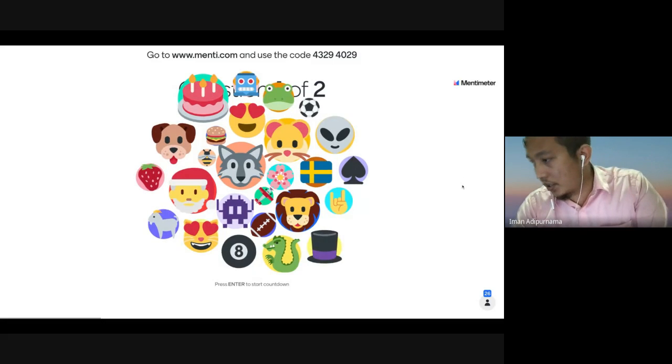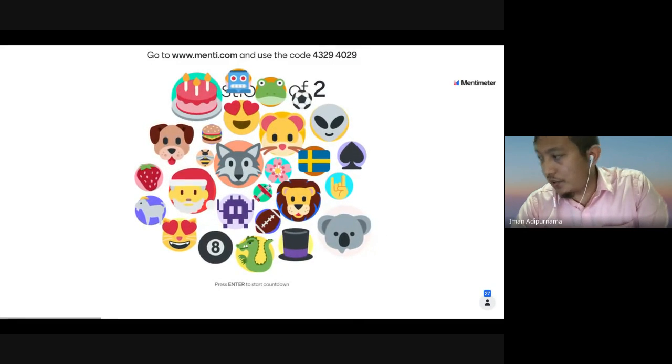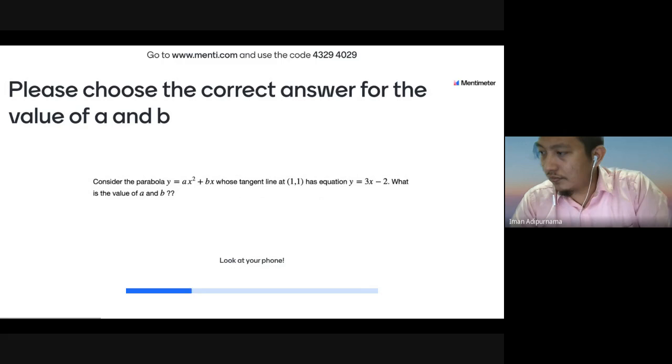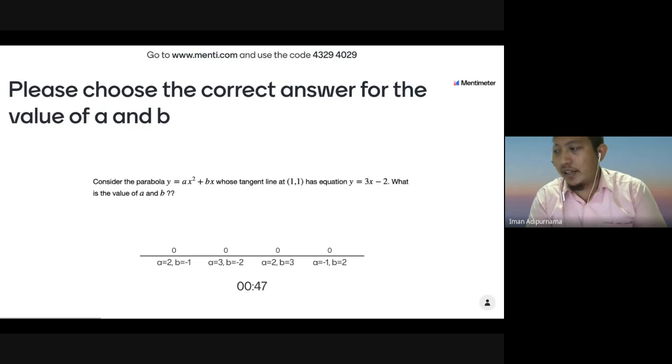Okay, let's start. 3, 2, 1. I'm going to enter. Okay, you need to find A and B. I hope the time is okay. They are not really complicated functions, but you need to read carefully.